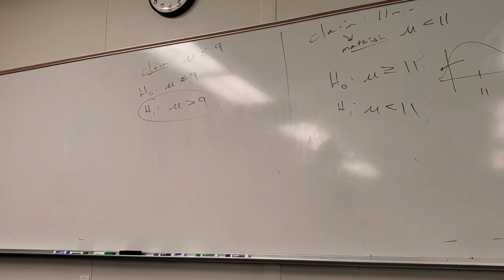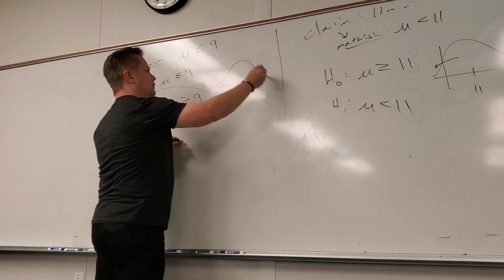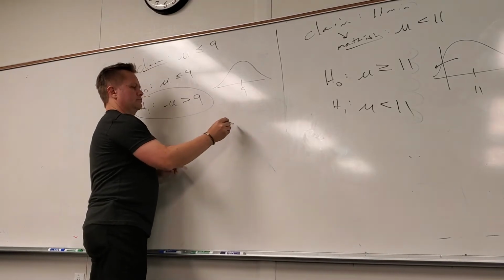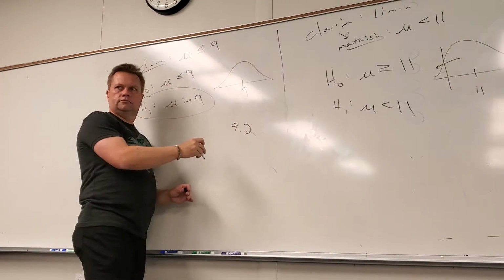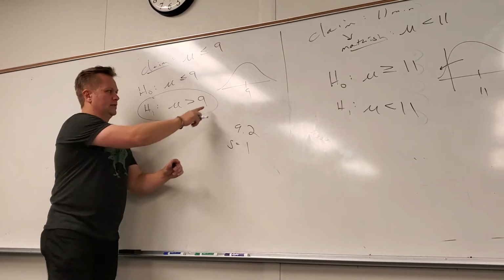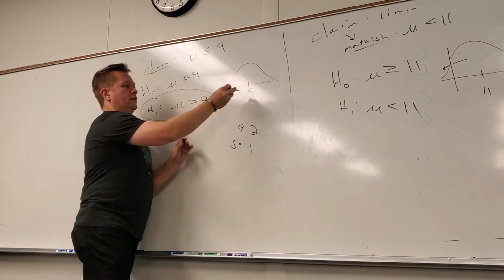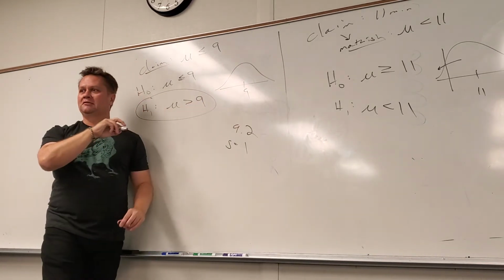So this idea of closeness is important. For example, in this problem, if I took a sample and I got 9.2, and let's say the standard deviation is 1, is that very far away? Is 9.2 bigger than 9? Yes.